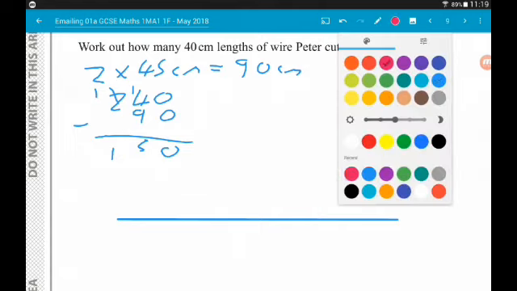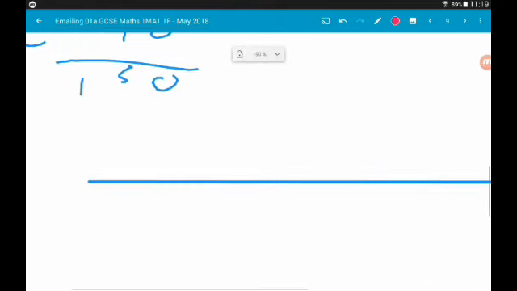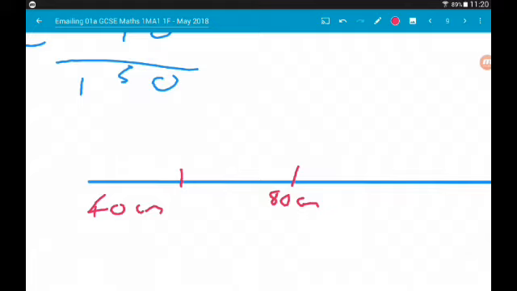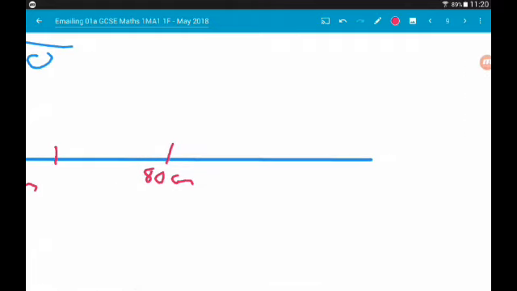Okay, so we can definitely cut off one 40cm length, so we can even cut off another one. That would take us up to 80 centimeters. We could even go another one along. So 80 plus 40 is 120 centimeters.